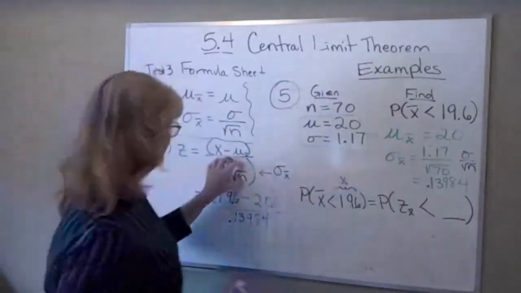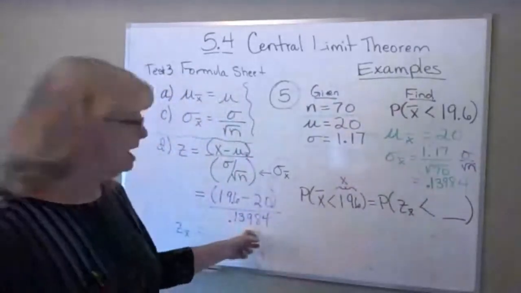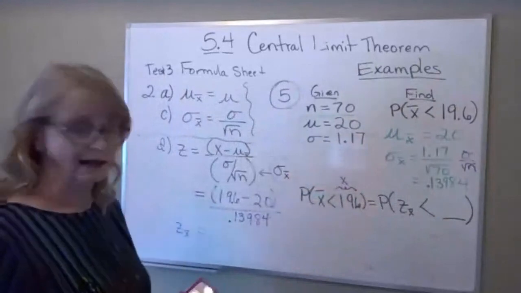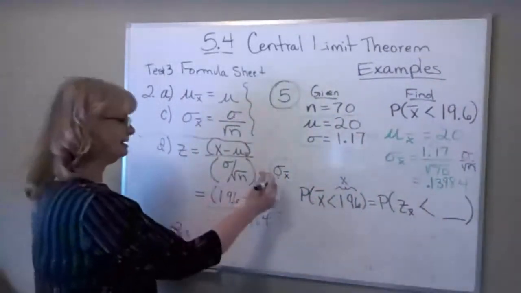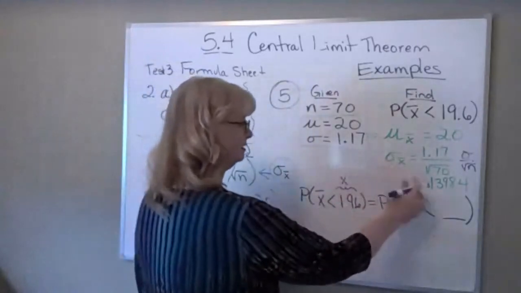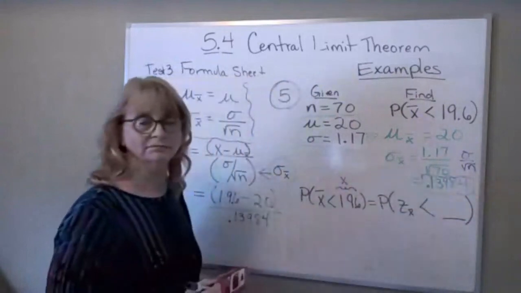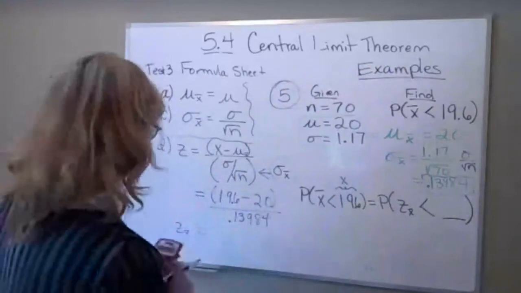I already figured out this over here. So I'm just going to divide by that number I got. But I could also just do parentheses and put those numbers in. So you can do it all in your calculator. Or you can, if you find this separately, this sigma, like I did over here, make sure you don't round it, because that will throw your z-score off, and then you'll get the wrong answer.